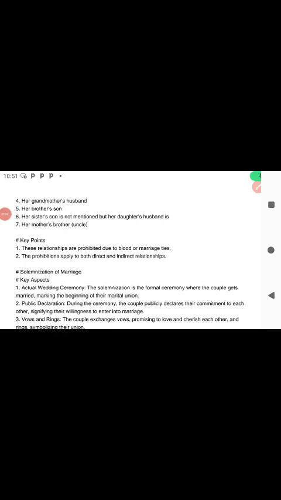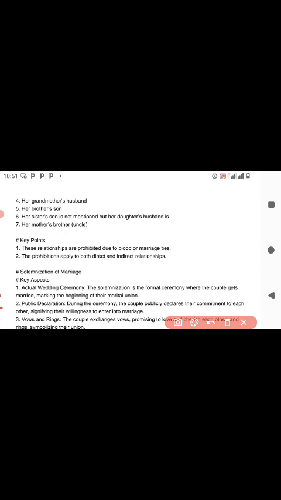Okay, so let's look at the key points. So the key points here are that these relationships, the prohibited degrees, are prohibited due to blood or marriage ties. So because you are related by blood or marriage, you cannot be allowed to proceed under statutory marriage.